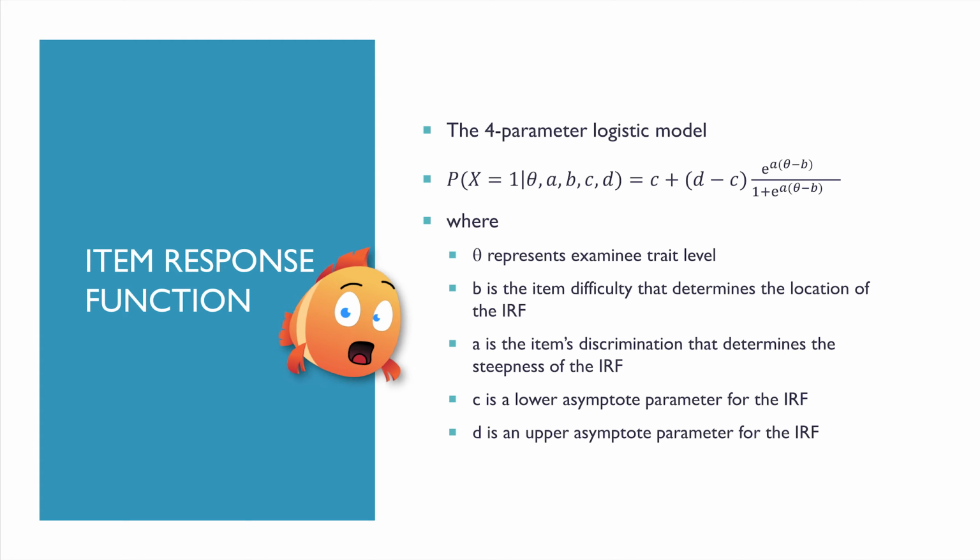is mapping the probability of endorsement of an item as a function of theta, their trait level; B, the item difficulty, which is determined by the location of the item response function; A, the item's discrimination, which is determined by the steepness of the item response function; C, the lower asymptotic parameter; and D, the upper asymptotic parameter.